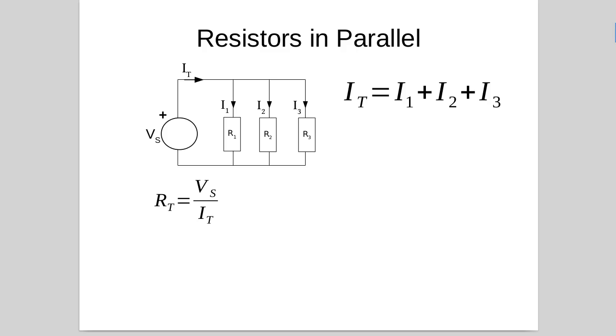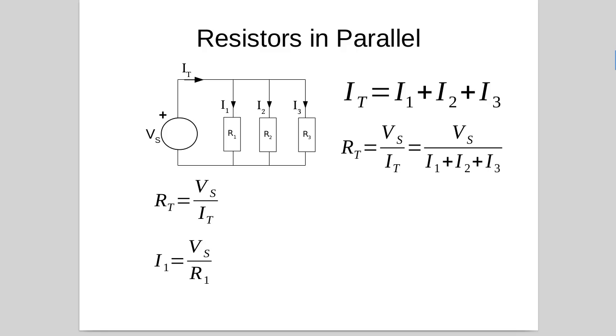Now if we're looking for the total resistance, we know that the total resistance is equal to the supply voltage divided by the current in the circuit. So we can use that equation, and Vs over total current can be expanded out to be Vs over I1 plus I2 plus I3.